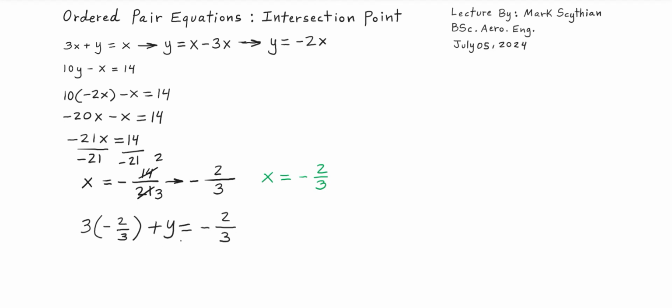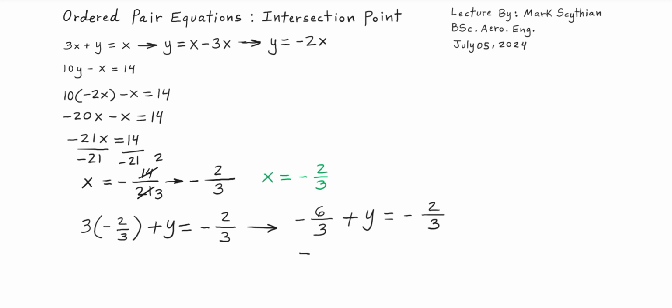So now all we have to do is solve for y. So 3 times negative 2 is negative 6. Divided into 3, obviously the 3 and the denominator cancel out. Plus y is equal to negative 2/3.